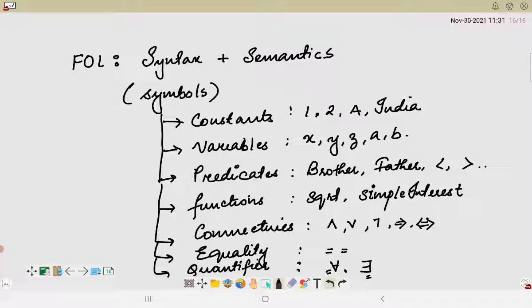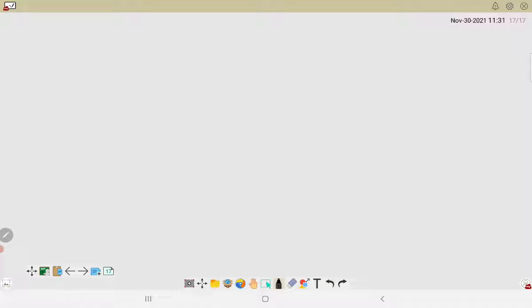Okay, then the next important point that we have to discuss is atomic sentences. Now, predicate logic is capable of representing complex sentences, which does not deny the fact that it can also represent atomic sentences. Atomic sentences are the most basic sentences of first order logic.